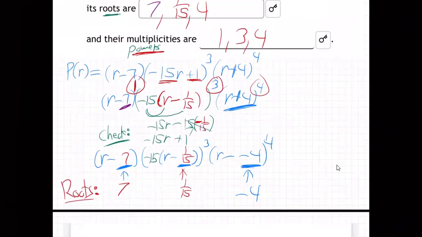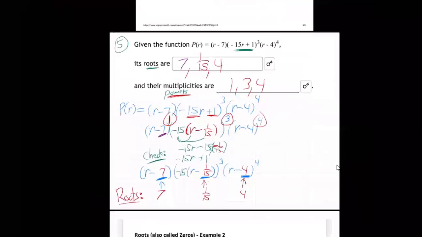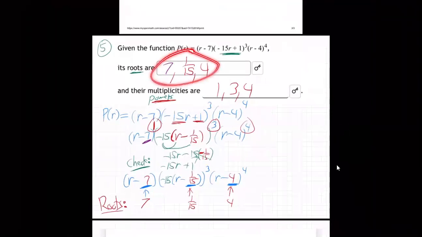But in our problem, we didn't have any of that. I hope I'm not confusing you by doing all that. We had minus already there. So ours is just a plain 4. So our roots are 7, 1/15, plain 4.